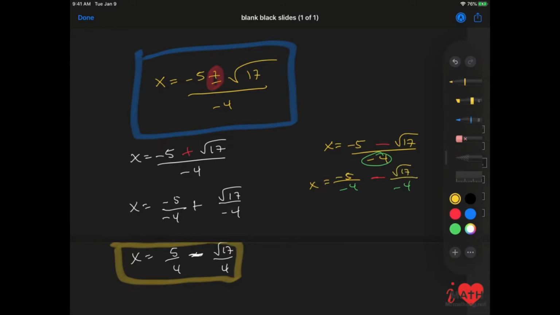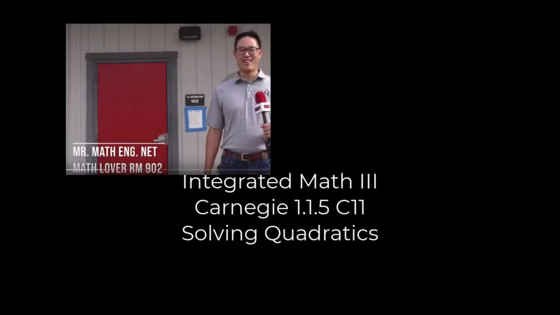So if you simplify that, you're going to get x equals a negative divided by negative is a positive. And you'll have something that looks like this as your answer. So blue would be acceptable. Yellow and green was what the book had, just to show you guys. Good luck. Love math. You don't love math? What's wrong?